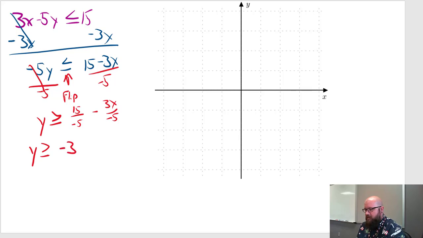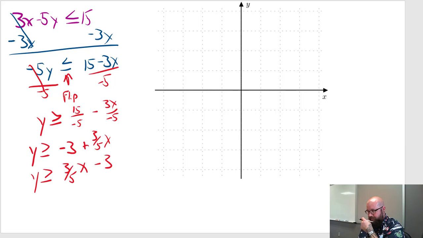And then we have a negative here, so we'll get that positive 3/5 x. And I'm going to write this again just in the proper order. I like to write mx plus b. So your slope, x, and then negative 3 is your y-intercept.